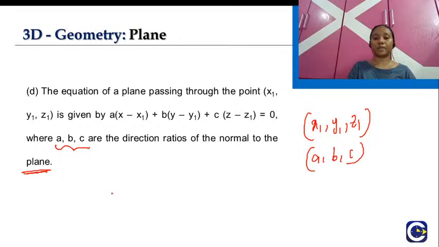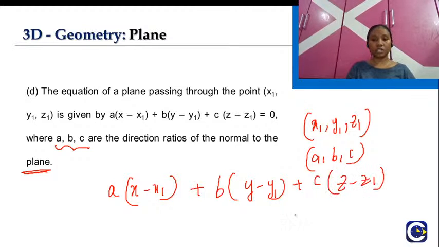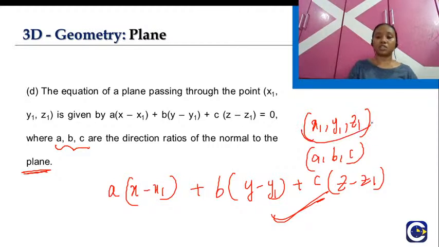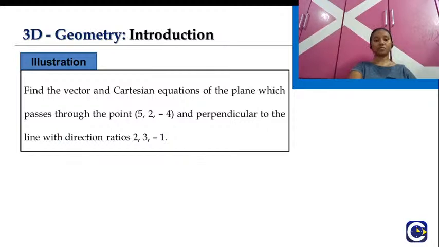The equation is A into x minus x1 plus B into y minus y1 plus C into z minus z1 equal to 0. This is the equation of the plane passing through the given point x1, y1, z1 and perpendicular to the normal having the direction ratios A, B and C. So let's do a question related to that part. We have identified and seen both the Cartesian and vector forms of it.